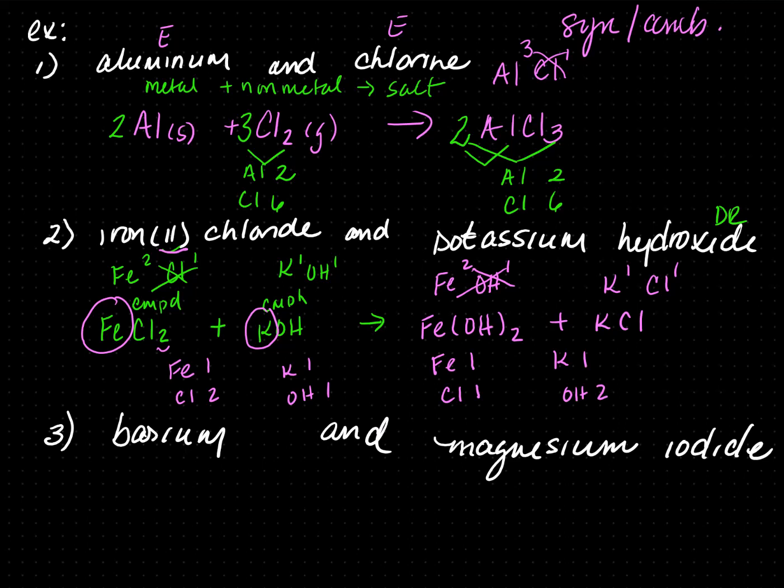When I put a 2 in front of potassium hydroxide, that gives you 2 Ks and 2 OHs. So the OHs are balanced. The Ks are not balanced, so I need to put a 2 here. So if I do that, there are 2 Ks, then 2 Cl. Everything is balanced, so 1, 2, 1, 2.